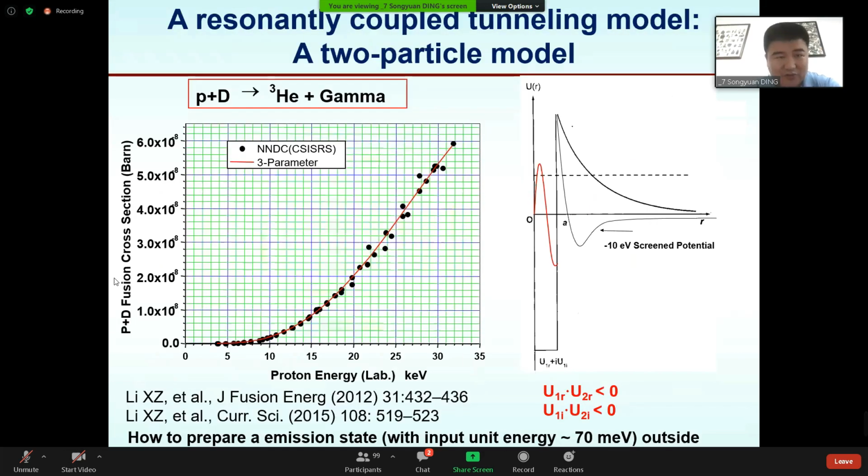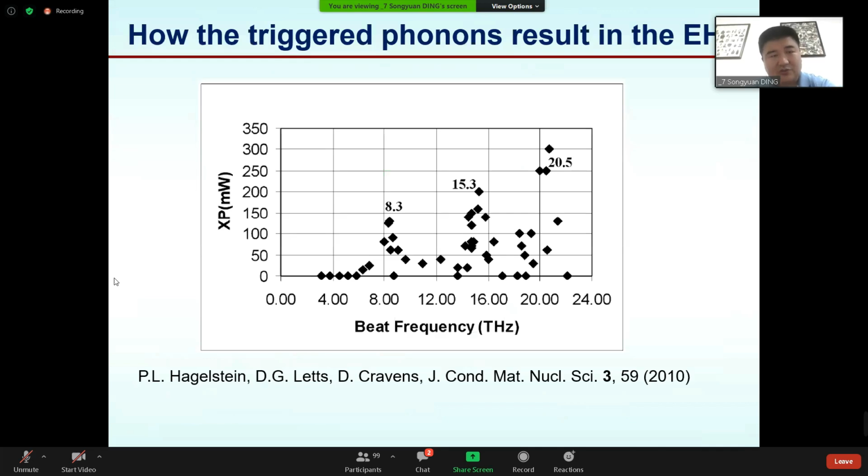So let's go back to Professor Li's model. Now the problem is how to prepare an emission state outside the Coulomb barrier. Professor Higginson and Letts report that there is a resonant behavior between the phonon beating frequency and excess heating.